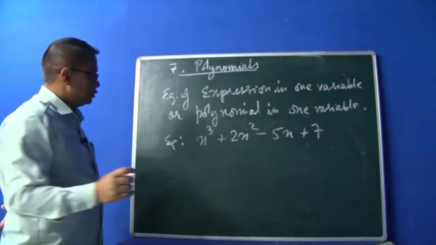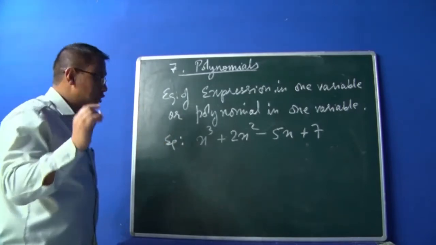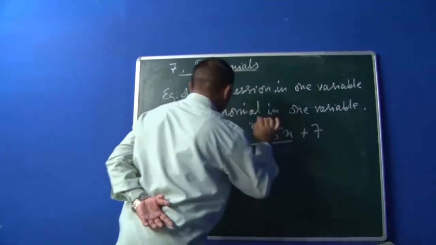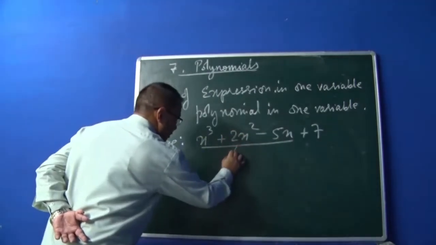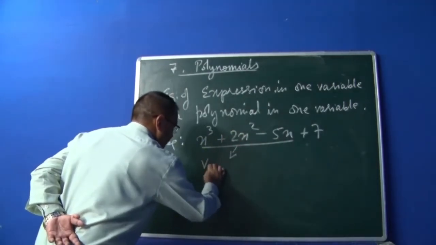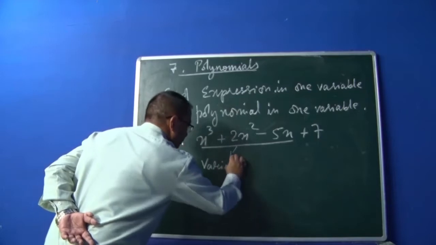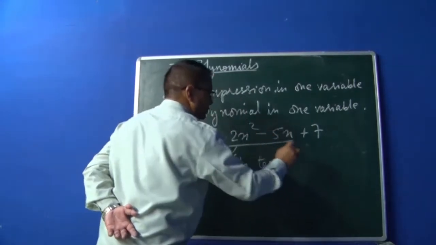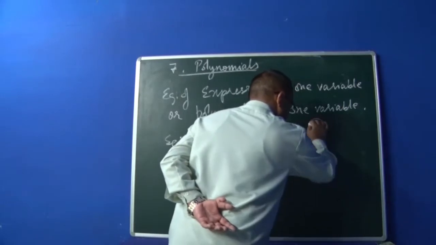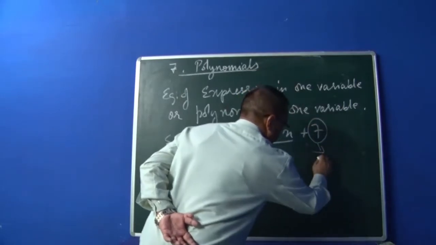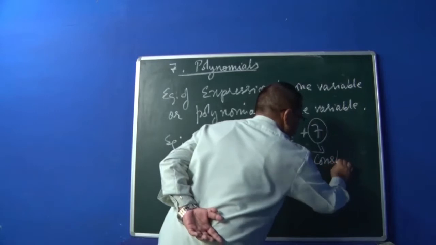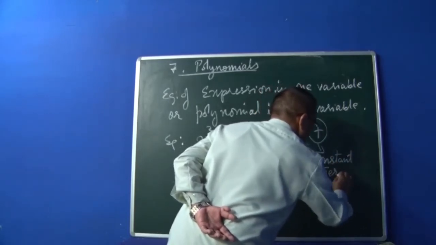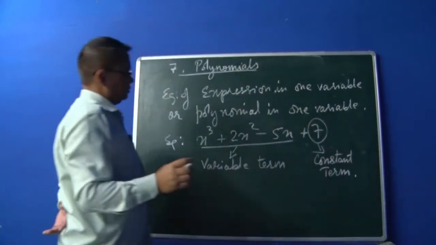For example, x cubed plus 2x squared minus 5x plus 7. Here it is divided into two terms. We can take here known as variable term, and we can take this one known as constant terms.